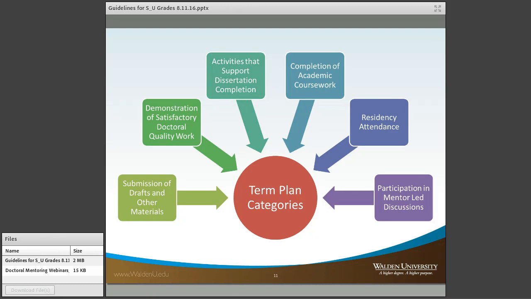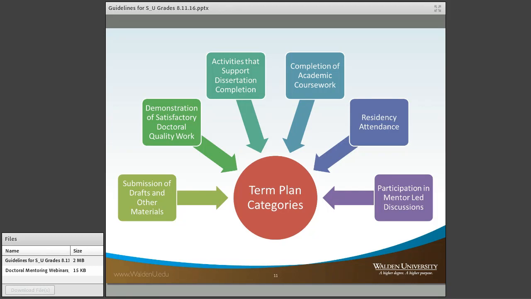Any activities that support dissertation completion, so that goes beyond just the submission of drafts. There may be things that need to happen if you determine that some skills need to be built so the student is more ready. Maybe they need to attend a dissertation intensive. Maybe there are some other things you want to recommend to help them, and that can be a goal that shows that they are working and making progress.